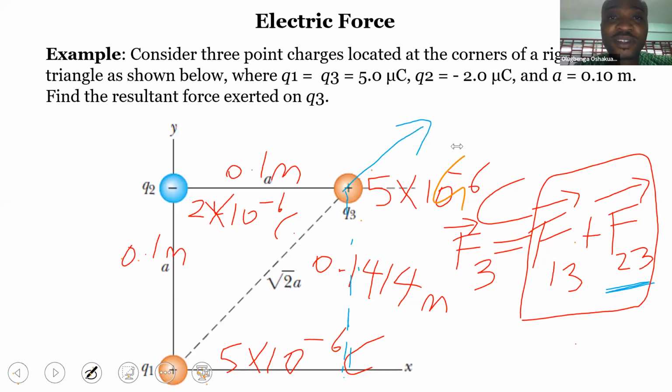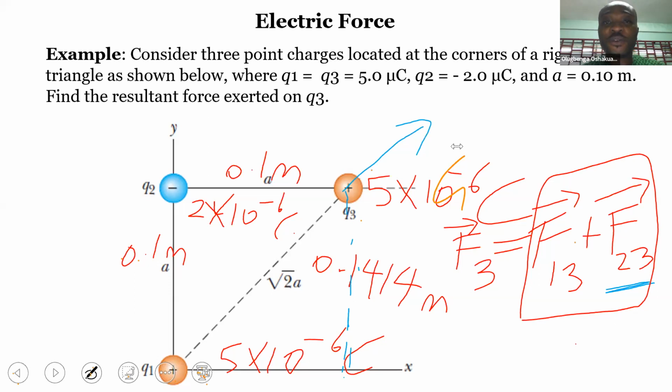There is a question here that says, if we find the resultant force between two charges, do we add F12 plus F21? I think this question is not direct. I can't really get it.